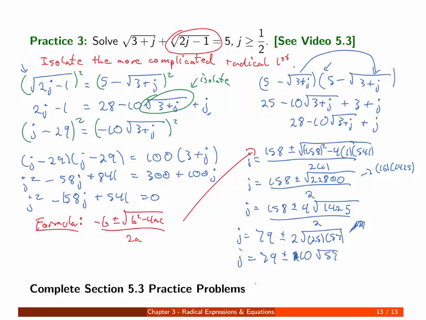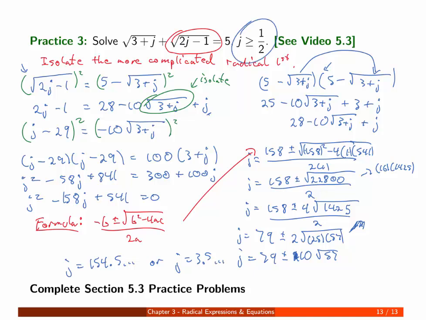So what we have here is j equals 79 plus 10 times square root 57, which will be 154.5, or j equals 79 minus 10 times square root 57, which equals 3.5.